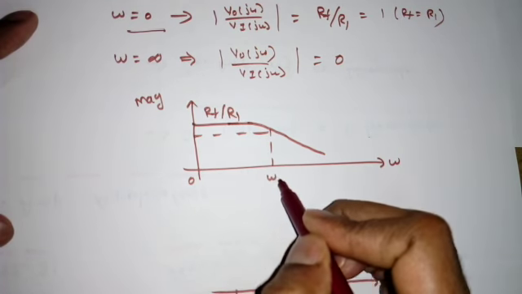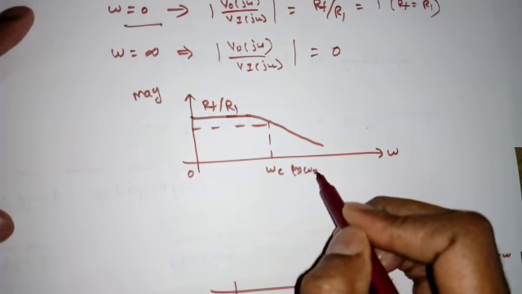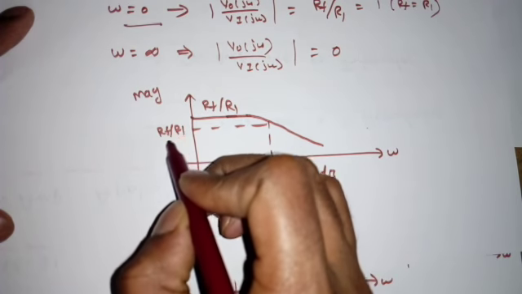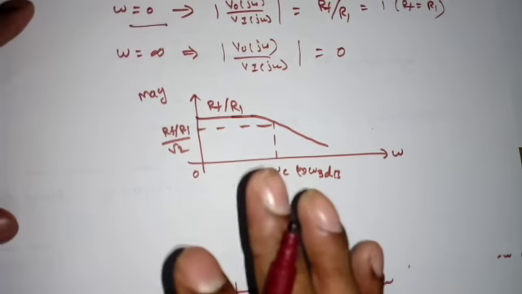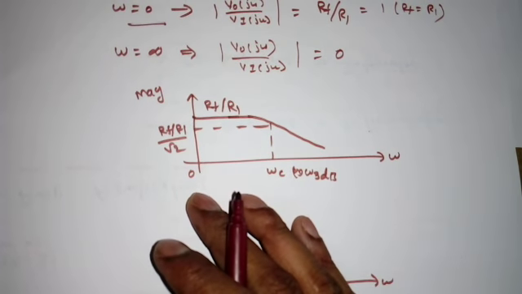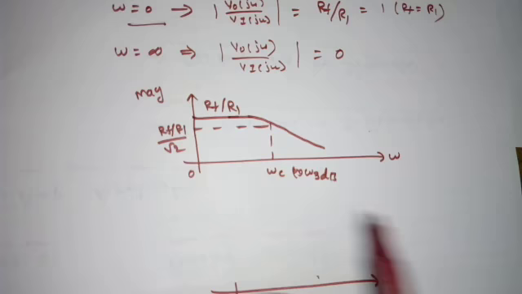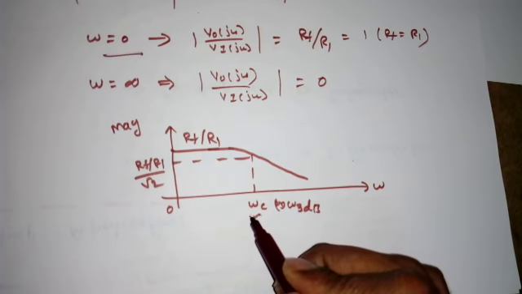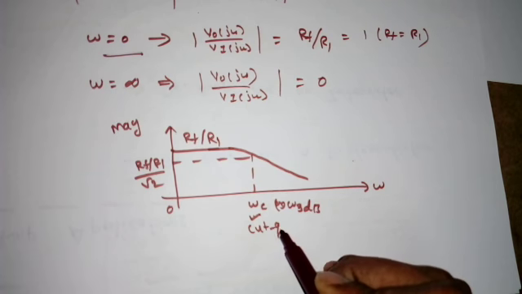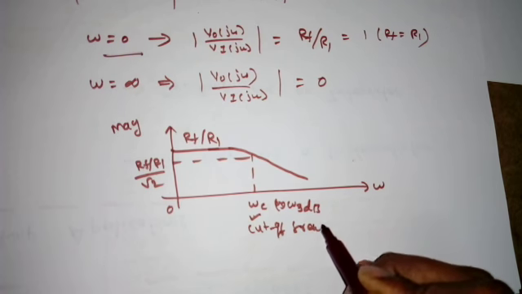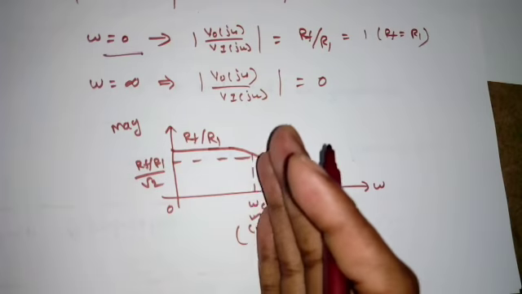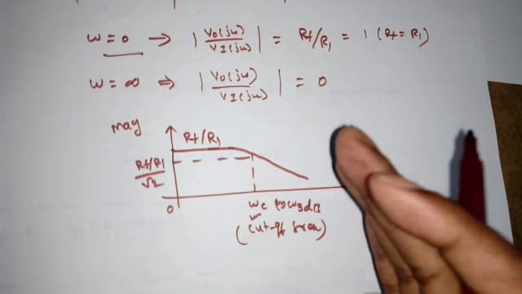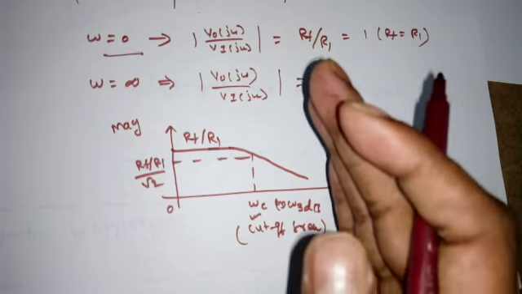At omega equal to omega C or omega 3 dB, the gain will be RF by R1 by root 2. Next we need to find this omega C, that is the cutoff frequency or 3 dB frequency. Below this frequency it will allow signals, after this cutoff frequency it will reject the signals.